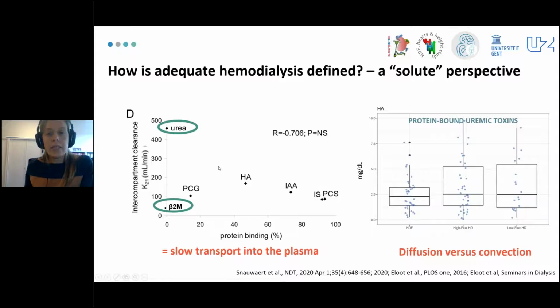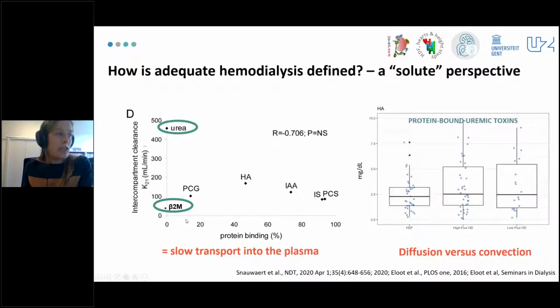If you look at our patient, these kinetic studies have taught us that the intercompartmental clearance and the volume of distribution of each individual toxin are very, very variable. If you look at urea here on top of the figure, you see that the intercompartmental clearance is very high, which means that urea can very quickly be mobilized from the deeper tissue to the plasma.